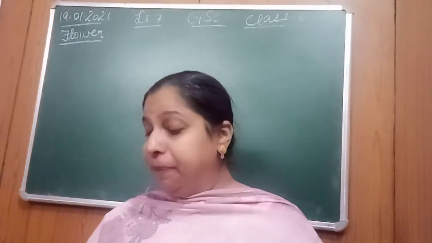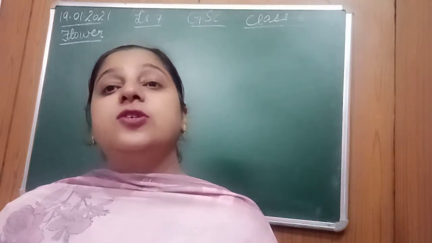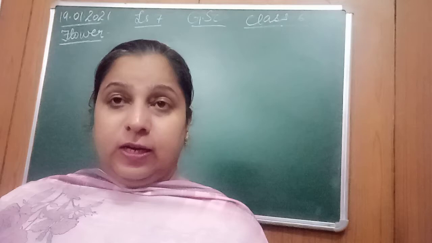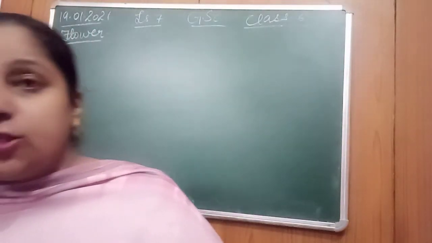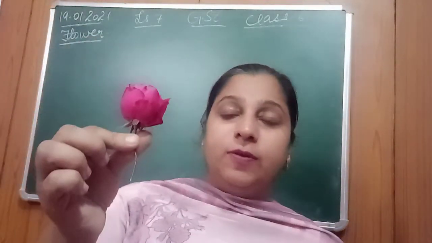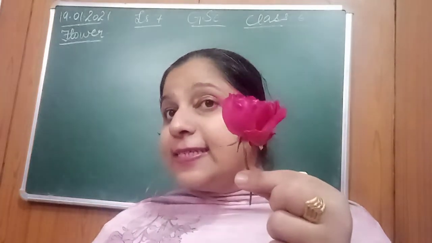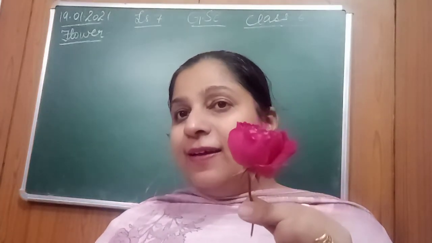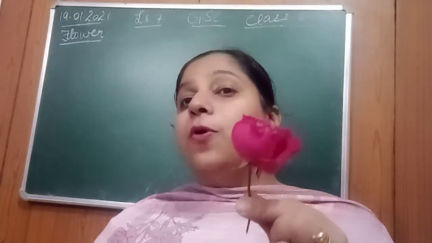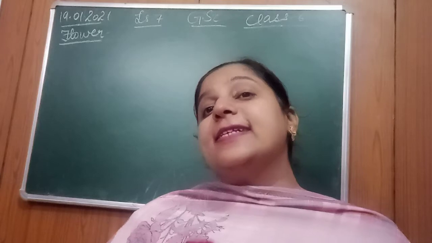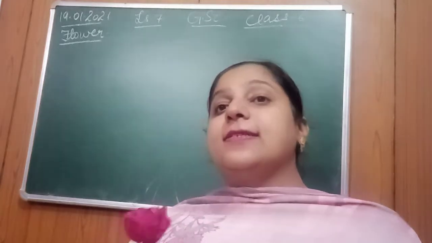But today we will be just drawing the diagram of structure of flower, right? First of all, hope you are able to recognize this. This is a flower, right? This flower, it is born on the stem of a plant, right? It has different parts. Let us start with it.